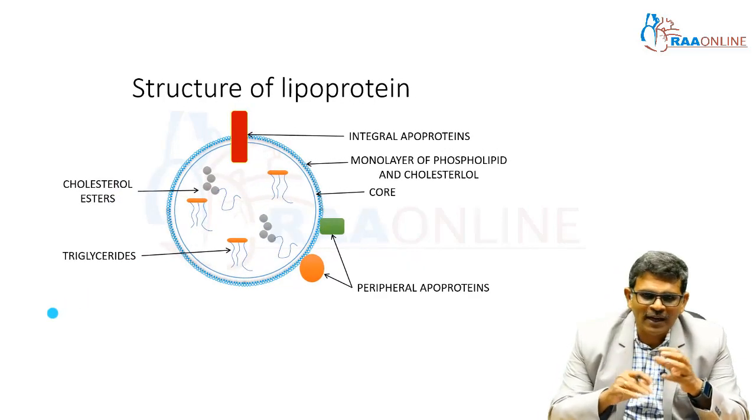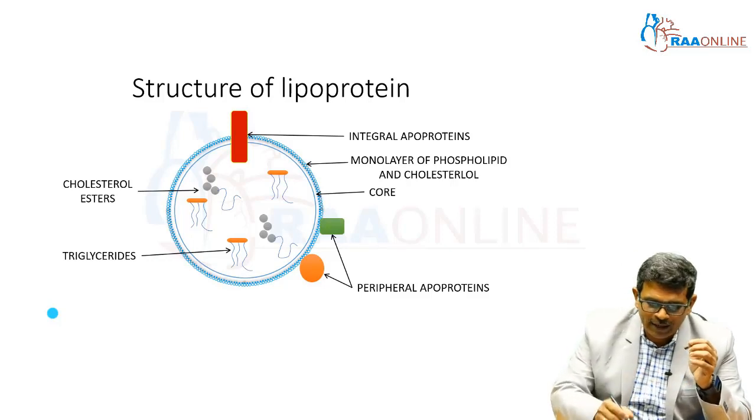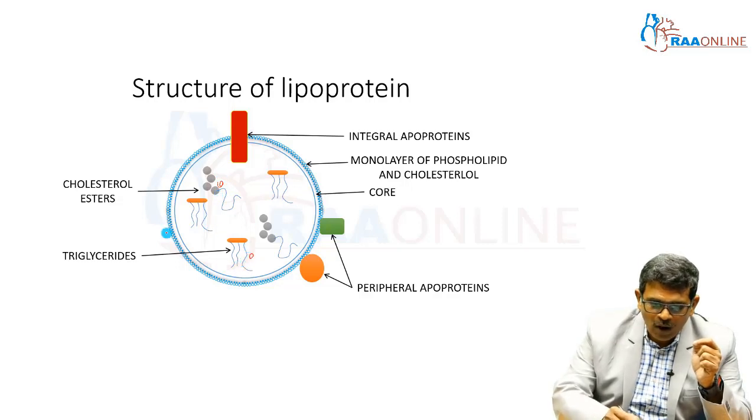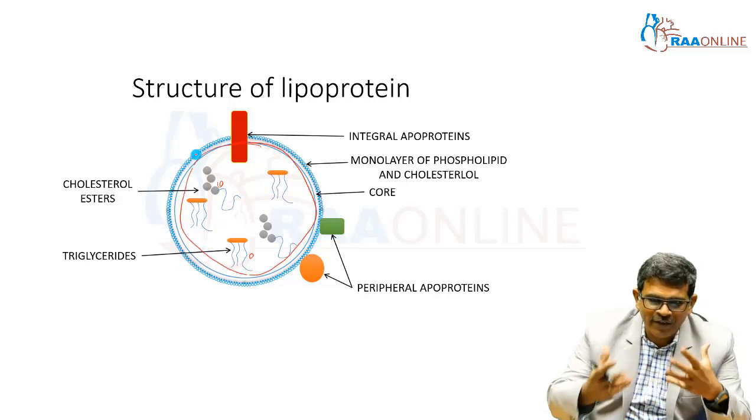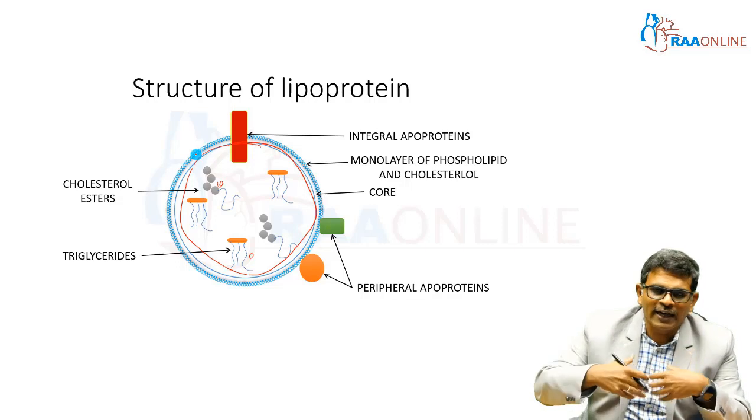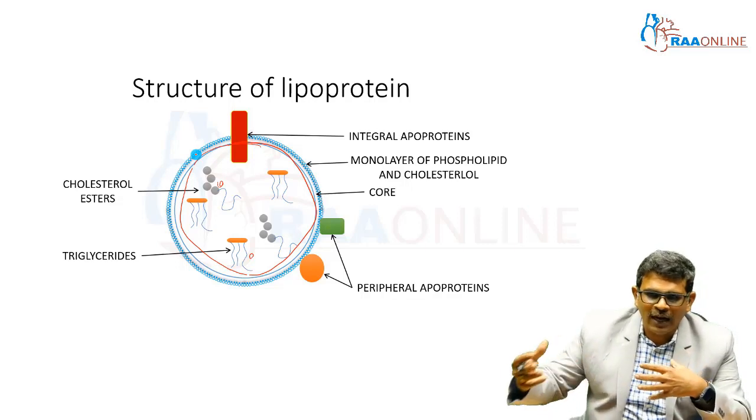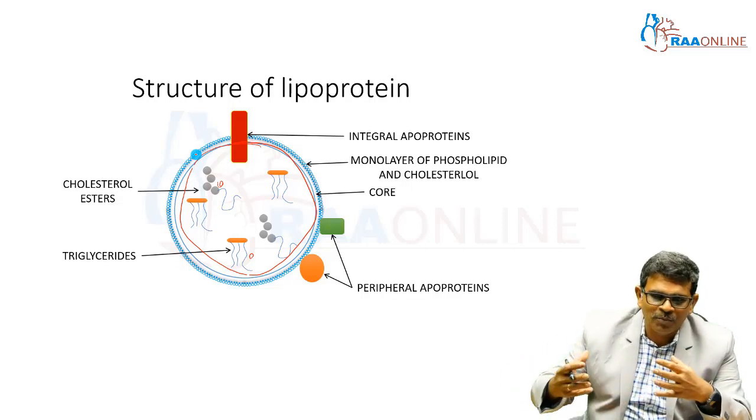This medium consists of a proteinaceous outer layer. As you see over here, you have the cholesterol esters and the triglycerides, which are water insoluble. They have to be carried inside a vehicle to get transported from one organ to the other, by the blood.